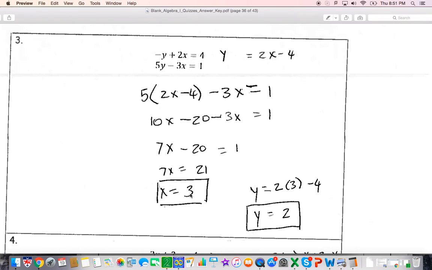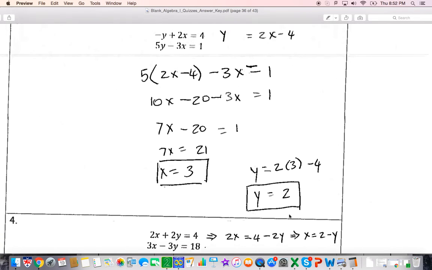Whichever one is easiest, we take that x value and we substitute it in to figure out what y is. I chose to use this equation because it looks like the easiest one to work with. So we know that y is equal to 2x minus 4. We just found out that x is 3. So y is equal to 2 times 3 minus 4. 6 minus 4 gives us 2. That is our value of y.